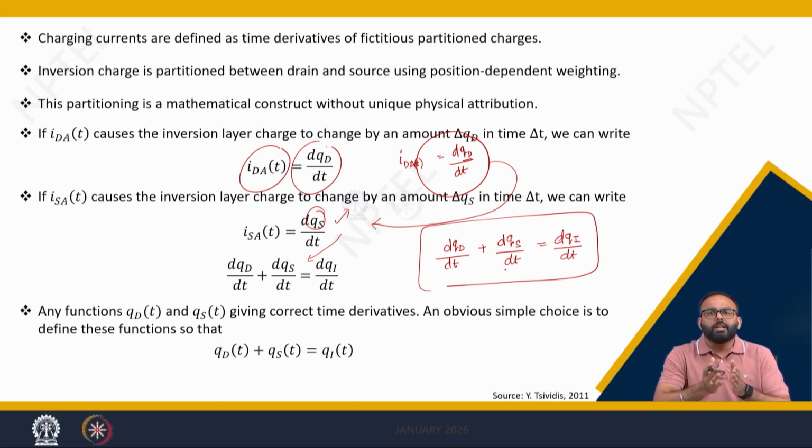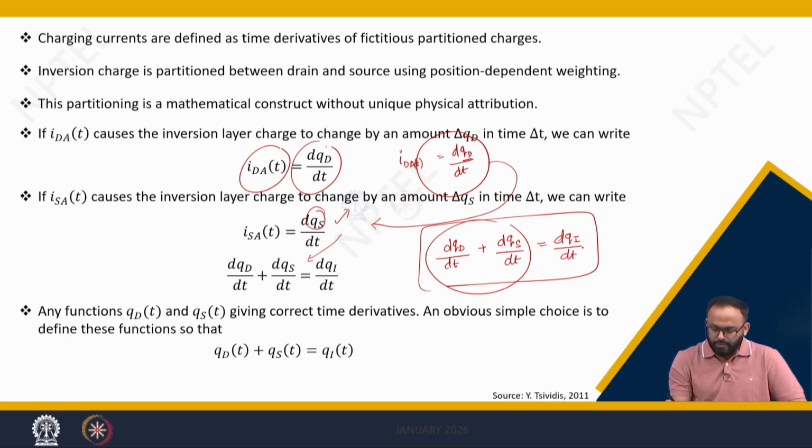In a very first order analysis, you can say that the rate of change of fictitious charge assumed at the drain plus the rate of change of fictitious charge assumed at the source will give you the total rate of change of inversion charge.